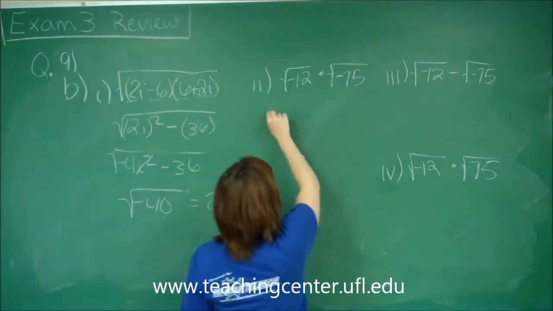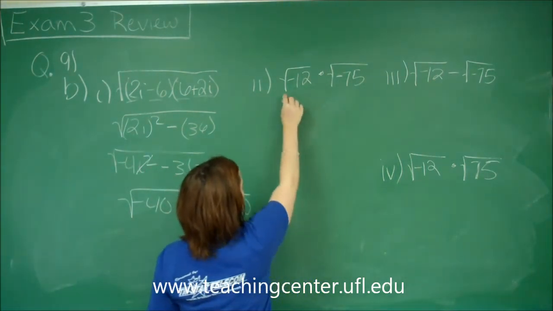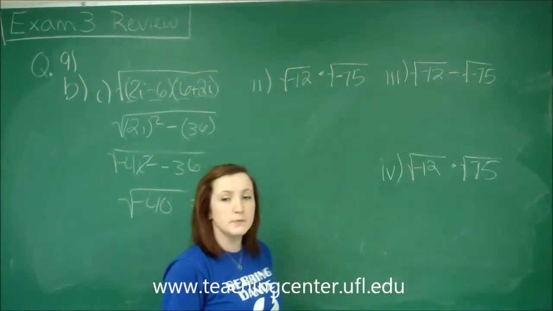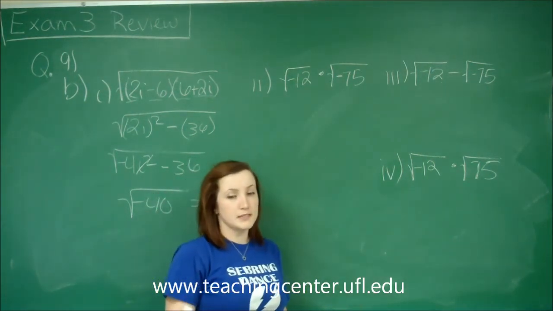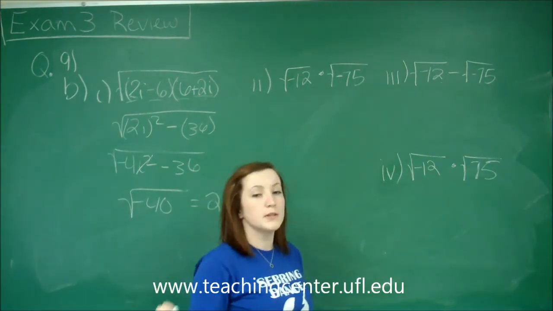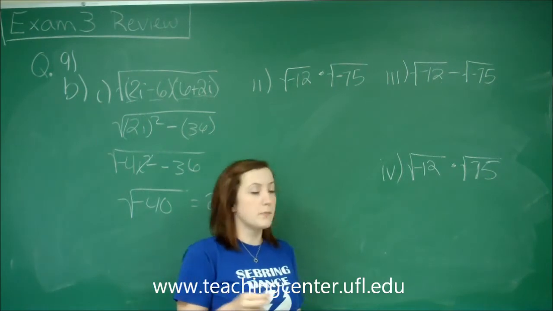Then the second part, II, we are going to simplify these first before multiplying them, because we can multiply the insides together, but that's not going to give us the right answer. When we're dealing with imaginary numbers, we have to first put them in terms of I, and then we can multiply.